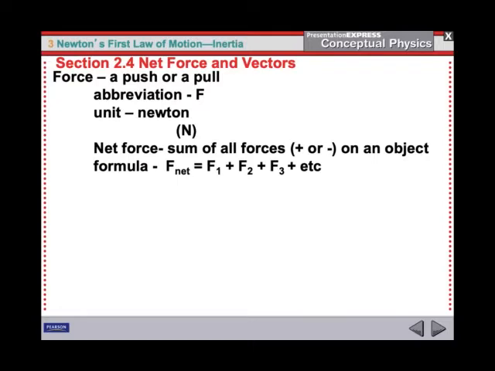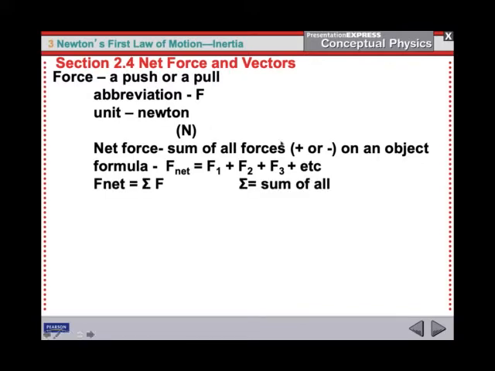And here's kind of a crazy formula. So net force, and I use the little subscript net to show that it's not a force of gravity or a force of friction or something like that. It's a net force. So the net force is equal to the first force plus the second force plus the third force, etc. Now, just because you're adding them all together doesn't mean that all those forces are positive, and we'll get to that in a wee bit.